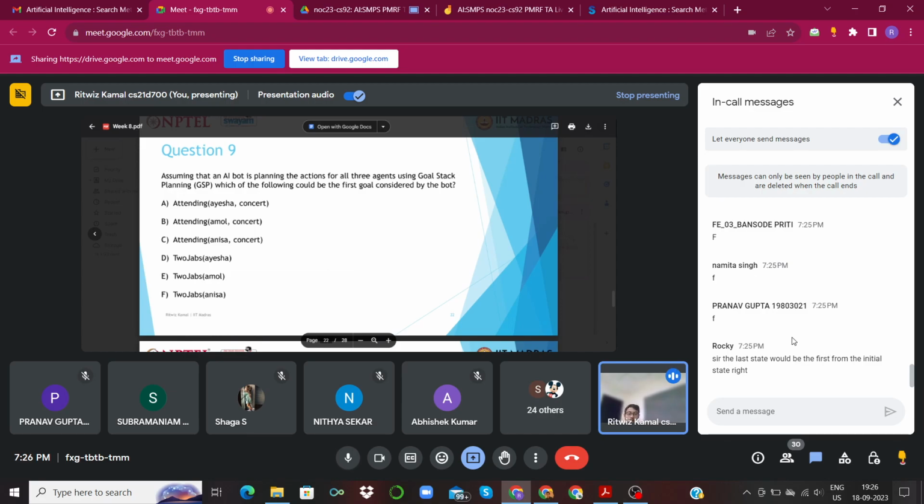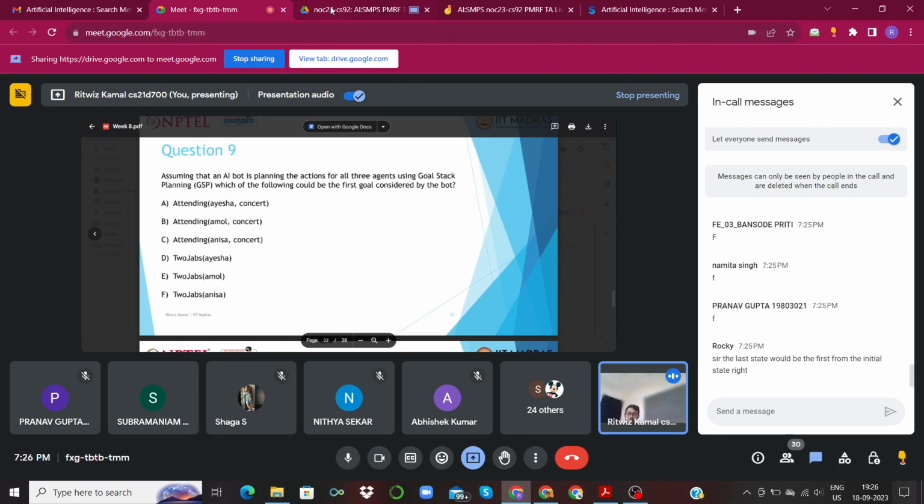So coming back to goal stack planning, we saw that forward state space planning had some positives and some shortcomings. Backward state space planning had some positives and some shortcomings. So goal stack planning tries to take the best of both worlds and form a method that capitalizes on the positives of both these methods that we just saw.